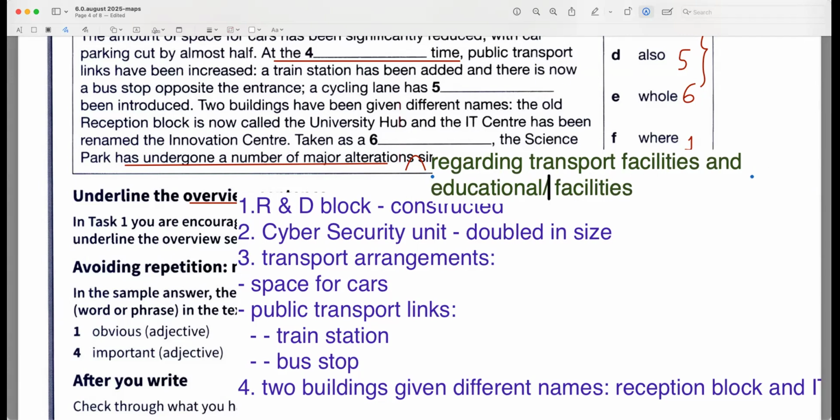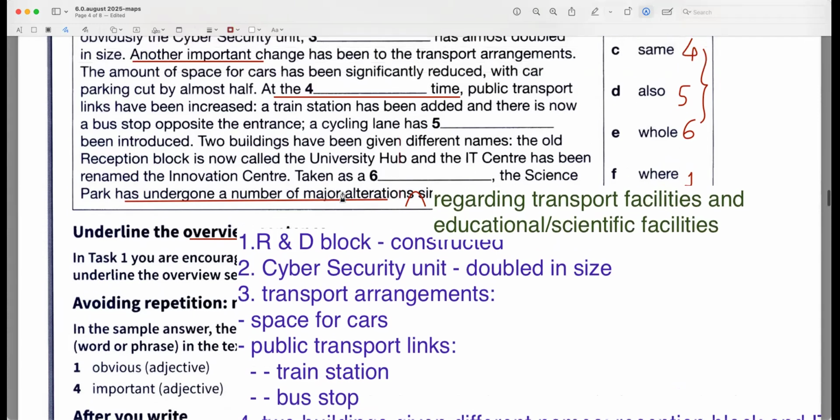Research and development, innovation centers. So science, yeah. Or you can say science-related facilities, science-based facilities. Great.